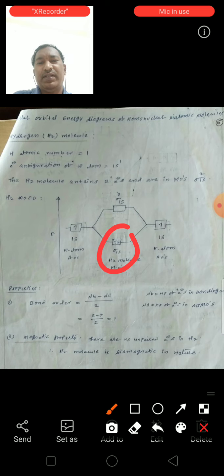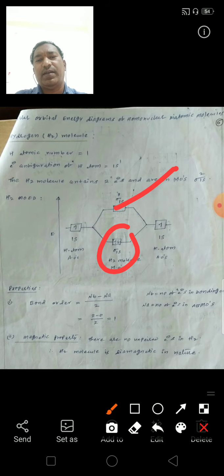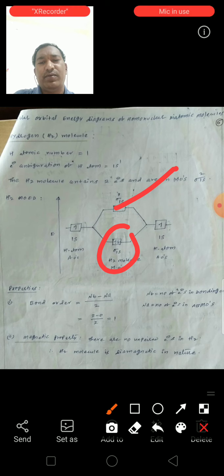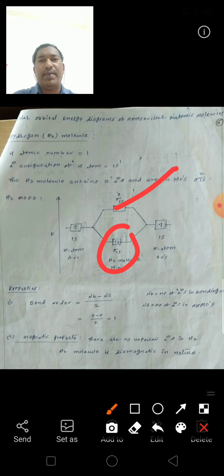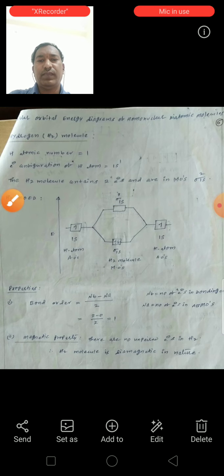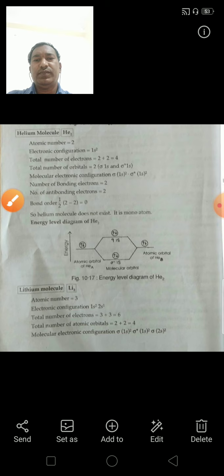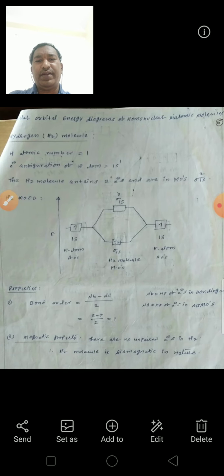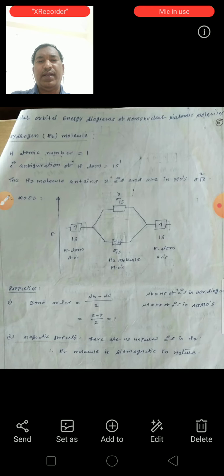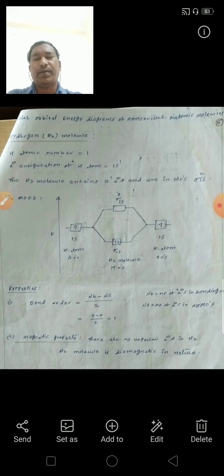This is the paired electron, and this is the empty orbital. Therefore the hydrogen molecule is diamagnetic in nature. So these are the properties of the hydrogen molecule: bond order and mainly magnetic property.